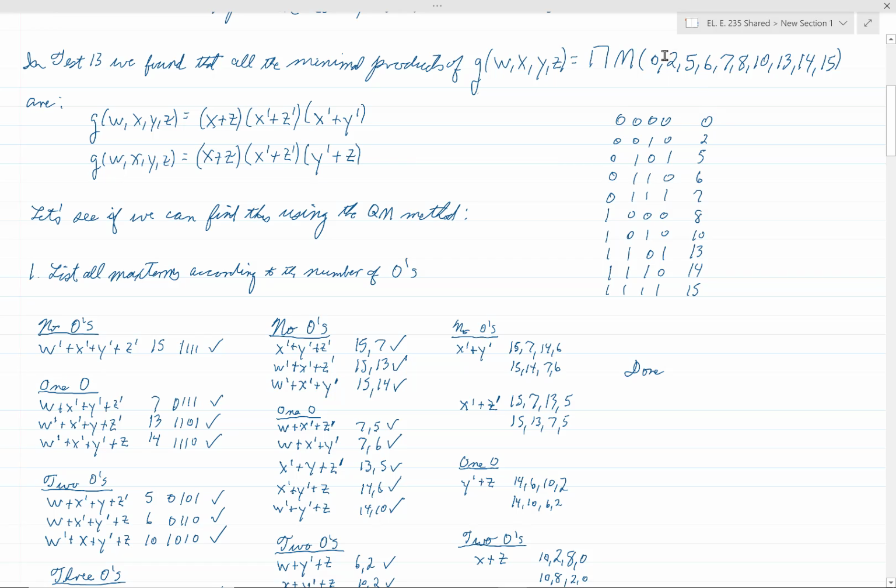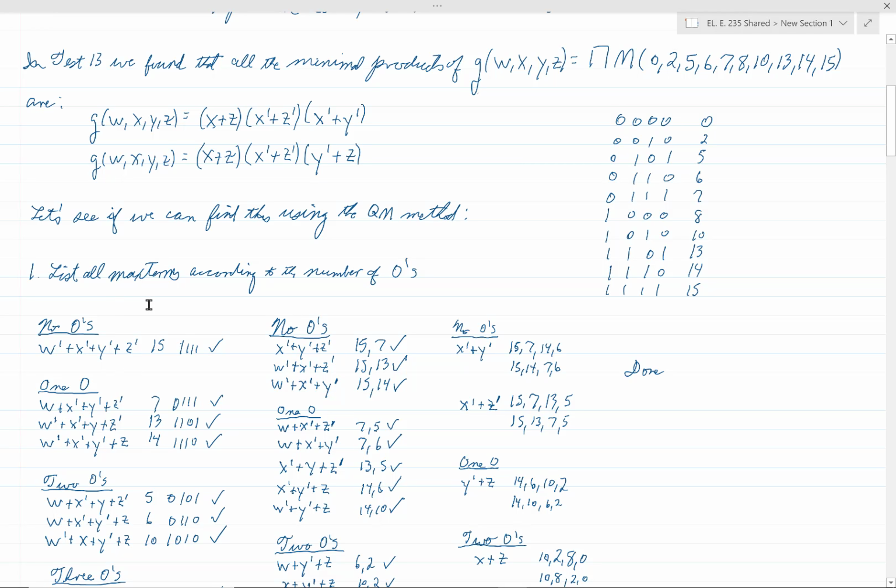In this case, these are max terms because we're looking for minimal products. So list the numbering for each one of those terms: 0, 2, 5, 6, 7, and so on. List all of these. And then we want to group the different max terms according to how many zeros they have.